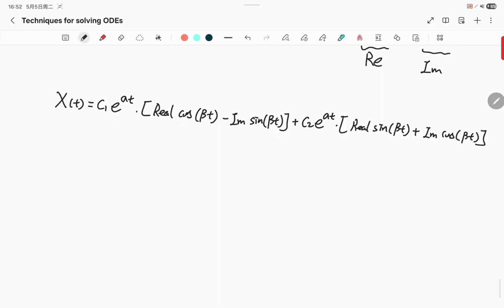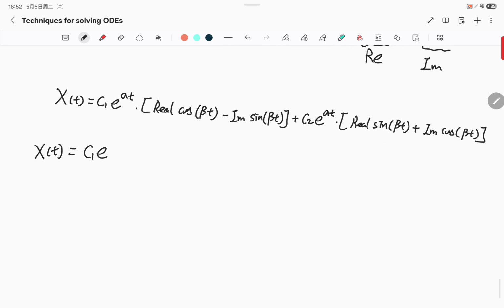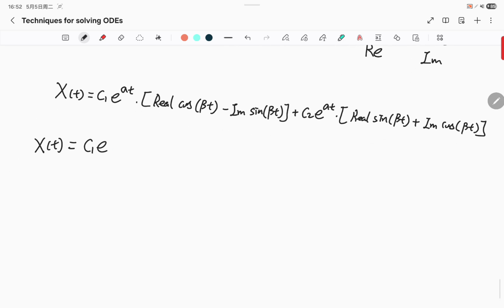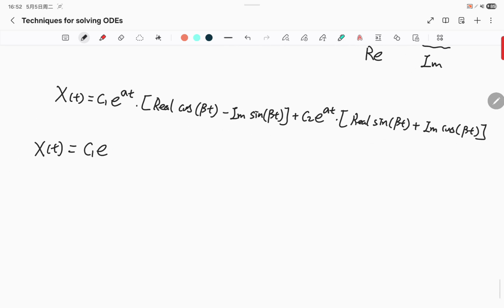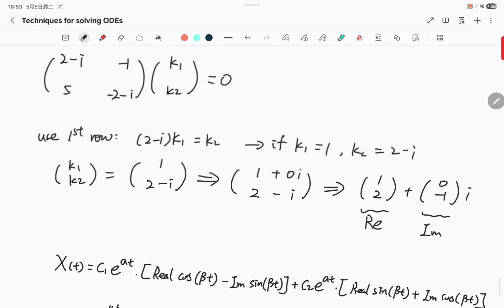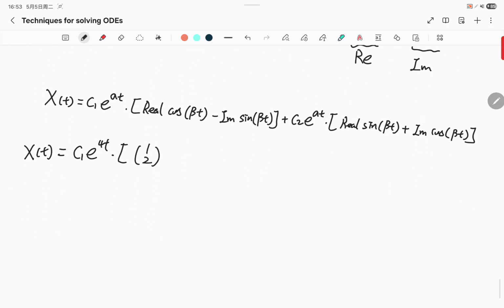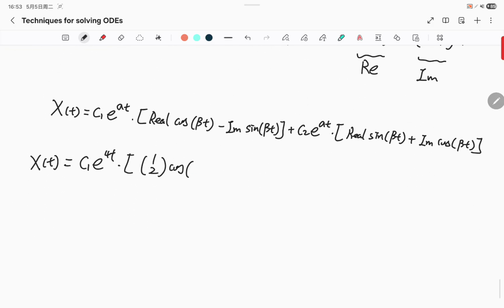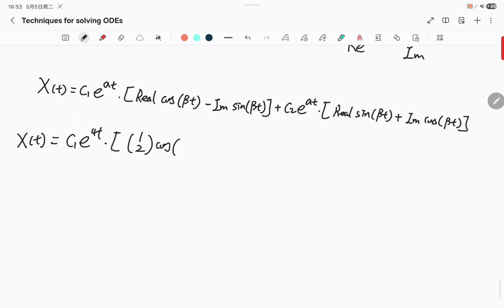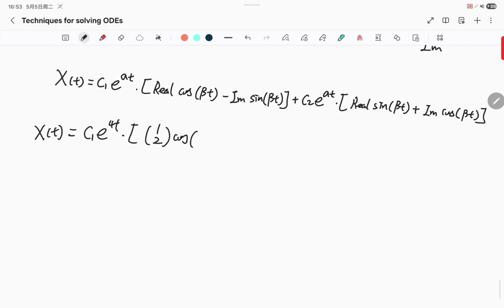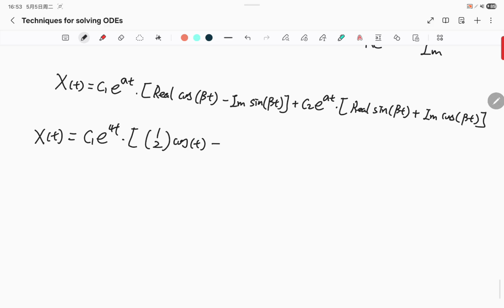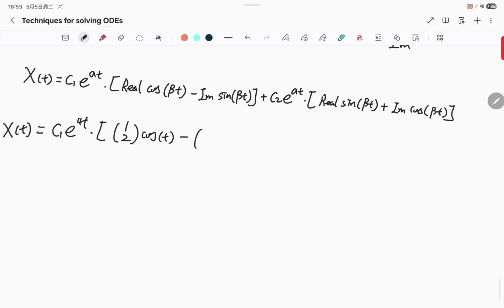So put everything together, we have the first vector we found. No, not the first one. The real one is (1, 2) cos beta t. Beta was just 1, so cos t, minus the imaginary (0, -1).